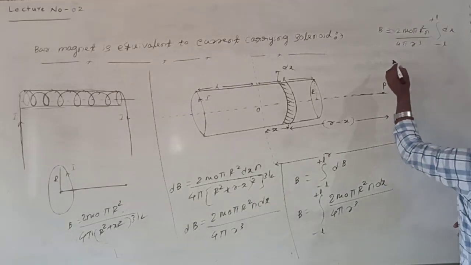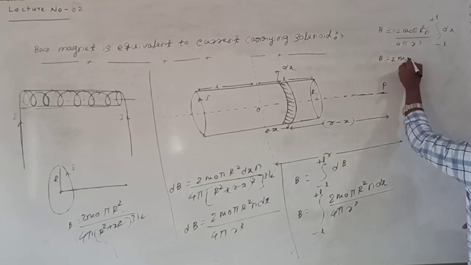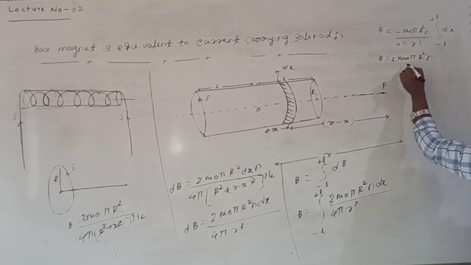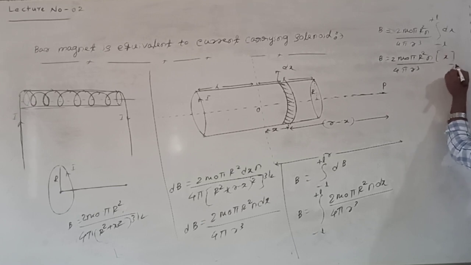Then make it integration. B is equal to 2 μ0 π r square n whole divided by 4π r cube. Integral of dx is equal to x from minus L to plus L, upper limit L minus of minus L.